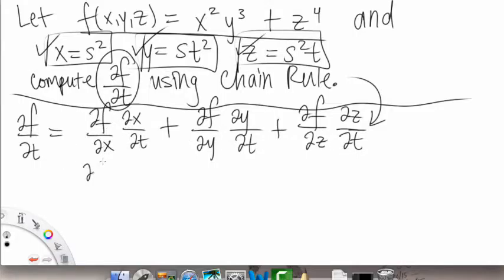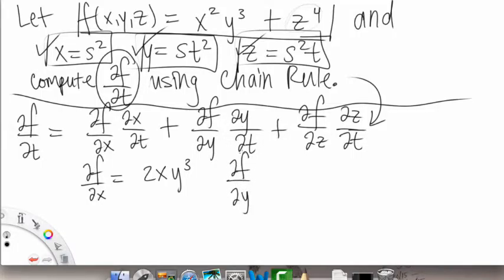So first of all, let's do the primary derivatives. So partial f, partial x. That means we're going to look at our top function, our f of x, y, z, and differentiate with respect to x. So our z term is going to go away because it's just by itself, that's a constant. And then we're going to get a 2x and then a y cubed. Then let's do the next primary derivative, which is partial f, partial y.